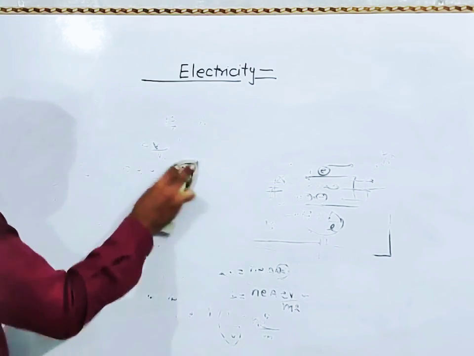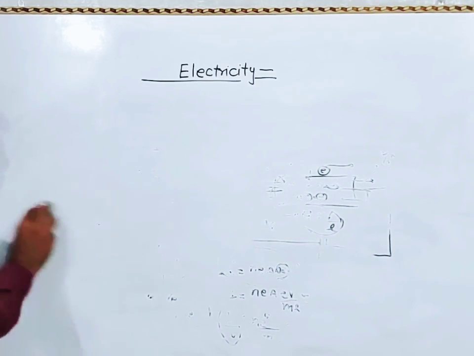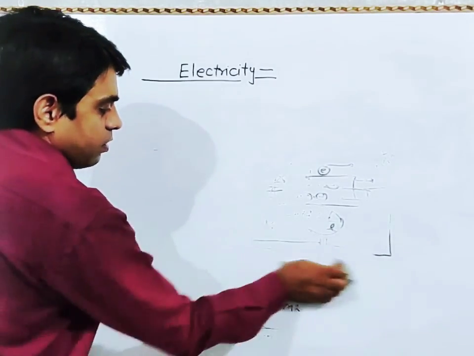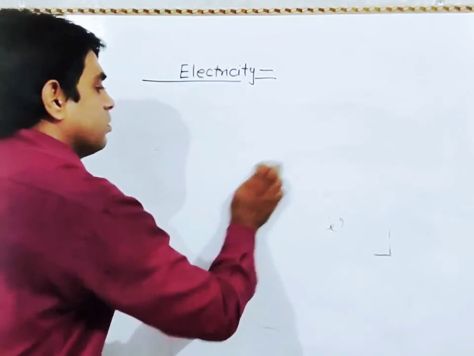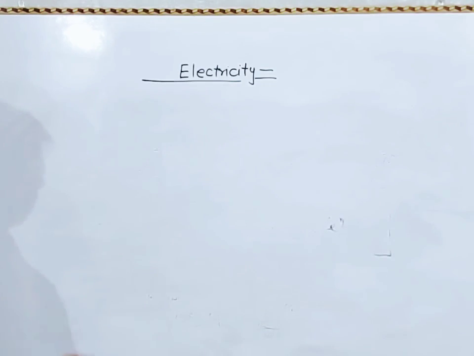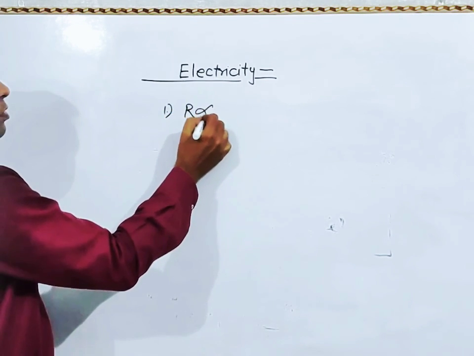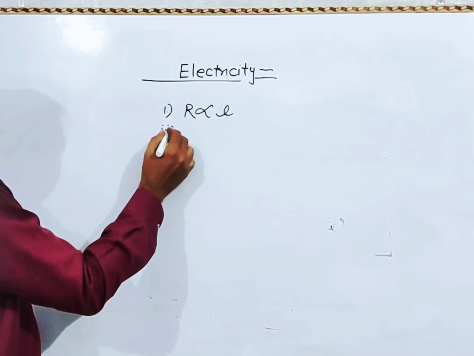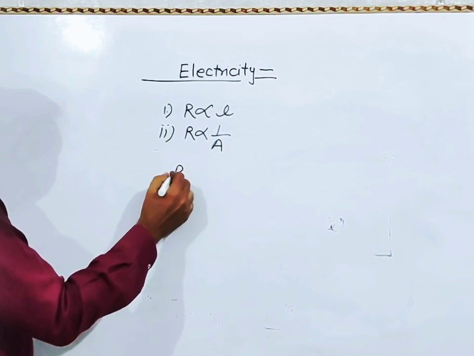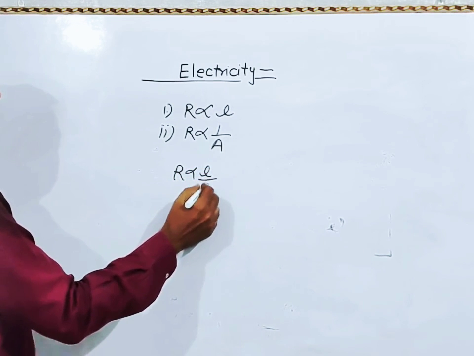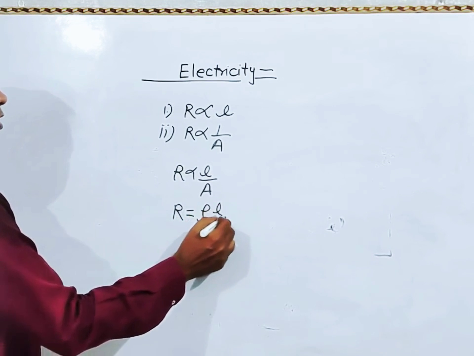Temperature we already discussed earlier, that temperature affects it. Basically now we talk about the length of the conductor and the cross-sectional area. If we relate them, we will find that resistance is sometimes directly proportional to length and inversely proportional to the cross-sectional area. Collectively we can write that resistance is directly proportional to L by A, and here R is equal to rho L by A.